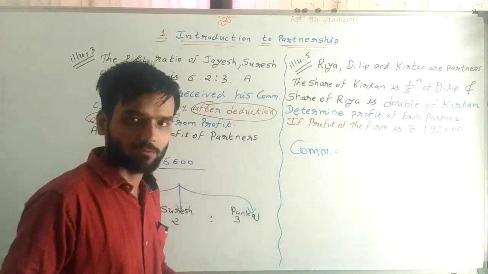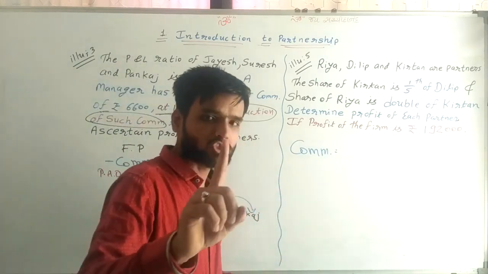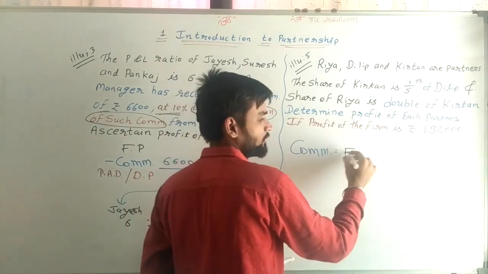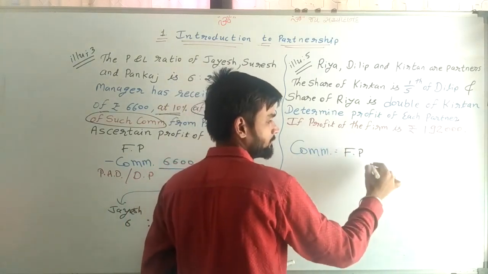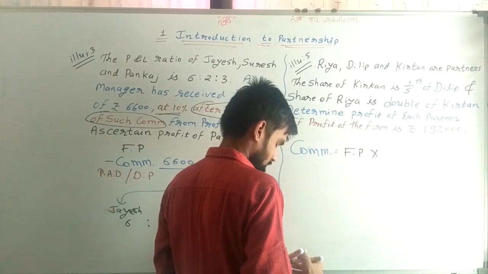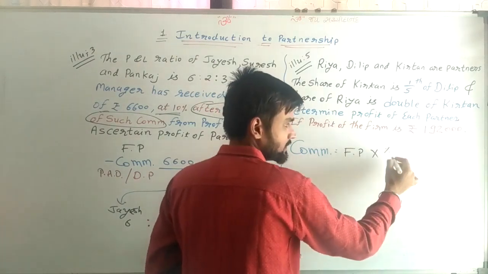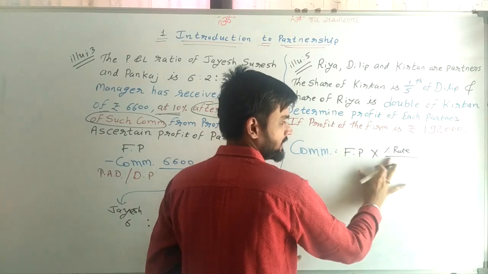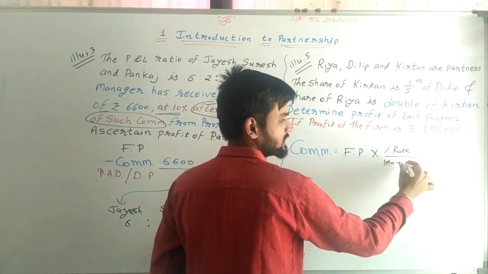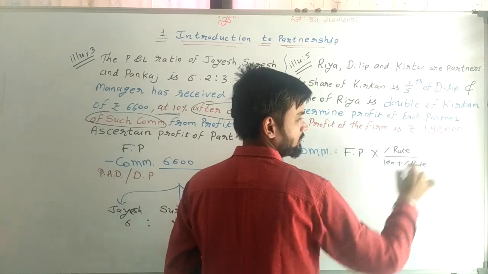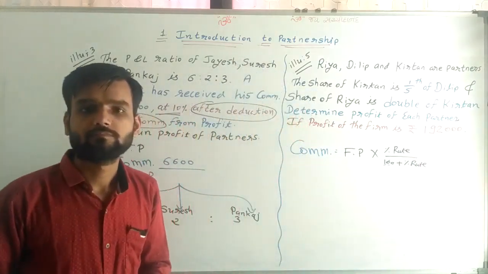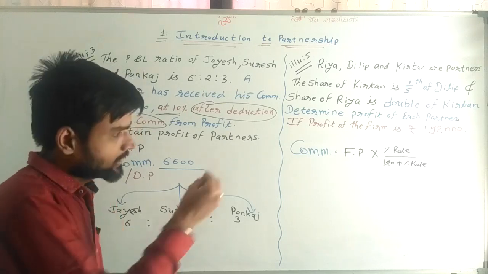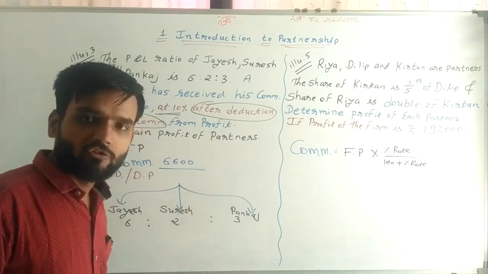So commission is equal to, first of all we are using the first formula: commission is equal to firm profit into percentage rate divided by 100 plus percentage rate. Now whatever amounts we have, replace them in the formula.